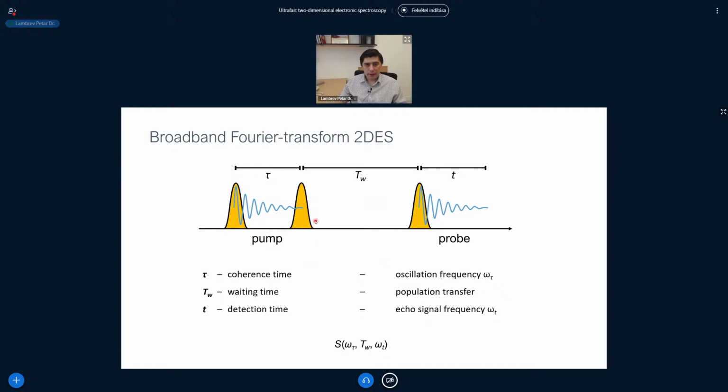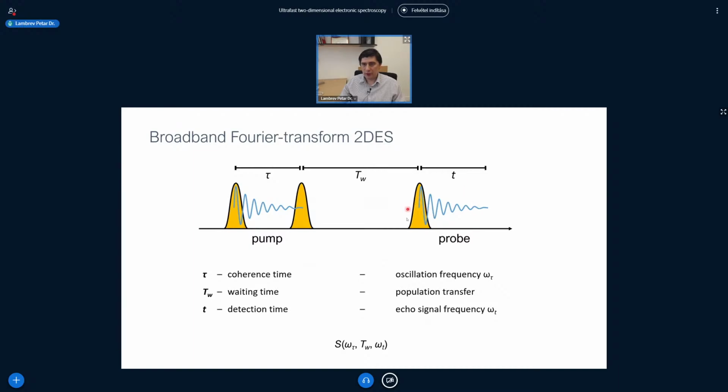So from then on, we have the sequence that is common to pump-probe spectroscopy. We have a waiting time or delay time, and then we send the probe, and we see what's the state of the system after this delay time. So the probe will also create, in principle, a coherent state that we detect, but you don't have to worry about that.